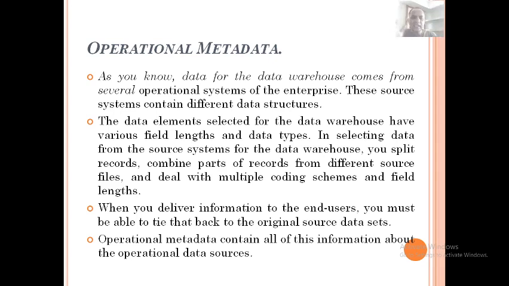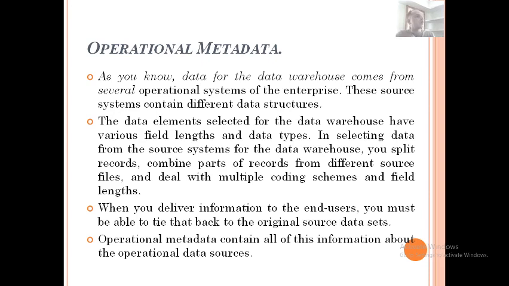Got it? In selecting the data from the source systems for a data warehouse, you split records, combine parts of records from different sources and files, and deal with multiple coding schemes, etc. When you deliver the information to the end users, you must be able to tie that back to the original source data sets.